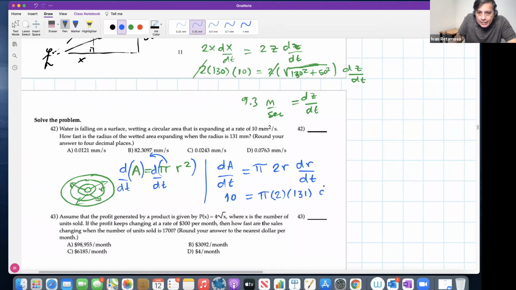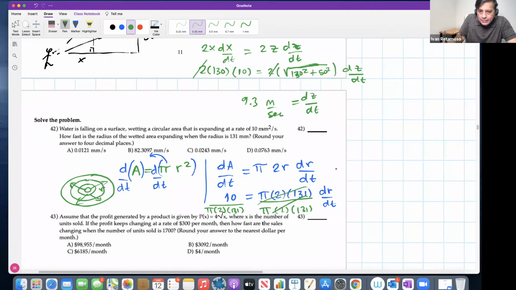This is the only unknown quantity, and we have to find it. So just divide both sides of this equation by pi times 2 times 131, and you should be able to find the rate of change of the radius when the radius is equal to 131.